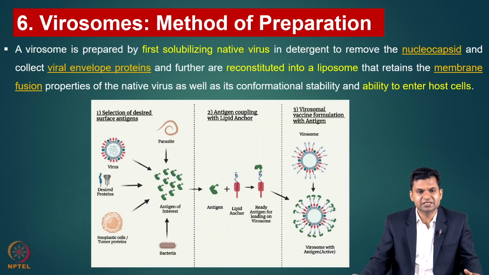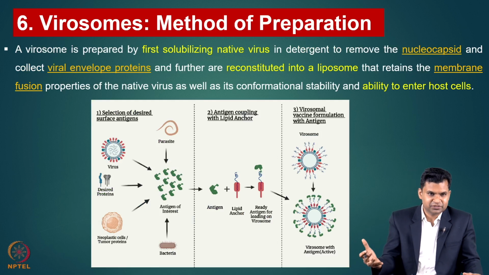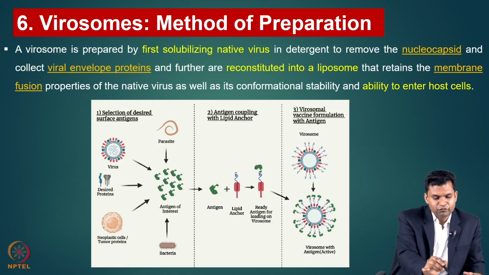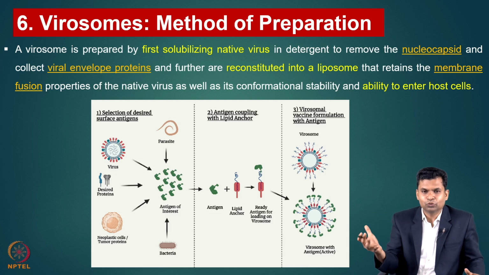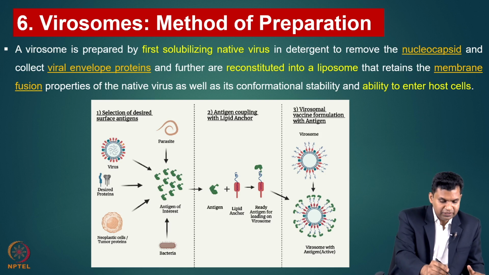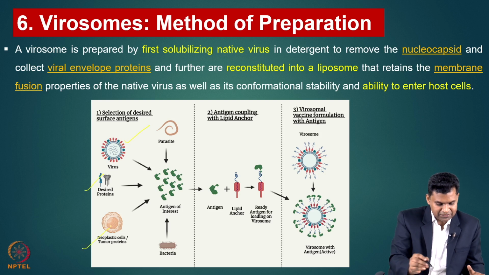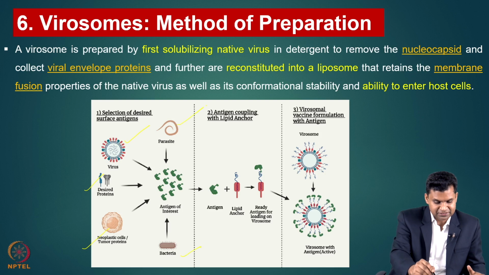So, now you can see here how we will prepare virosomal preparations. Here we first need to get our glycoprotein from the virus structure. You can see the various microbial organisms: the virus and these desired proteins, neoplastic or tumor proteins, and the bacteria and the parasite.